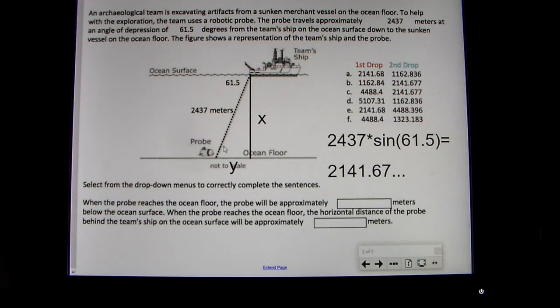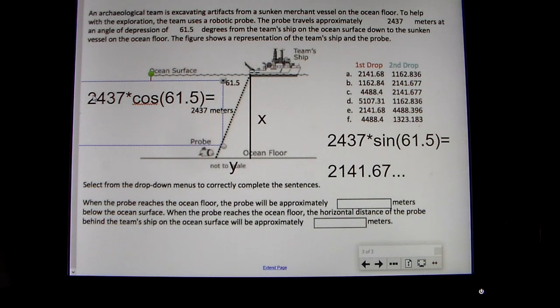And to get the Y, we do 2437 times cosine of the degrees, 61.5. And put that in the calculator, 2437 times cosine of 61.5.